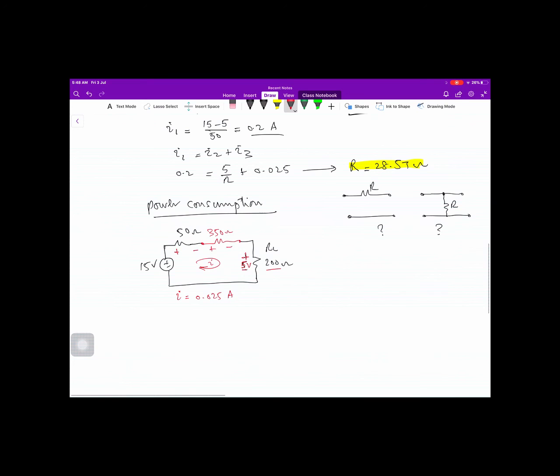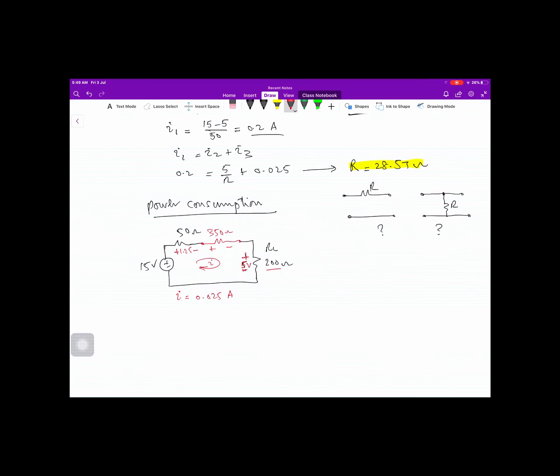So the voltage across 50 ohm resistance, if you calculate, is 0.025 ampere multiplied by 50 ohm, and this is 1.25 volt.